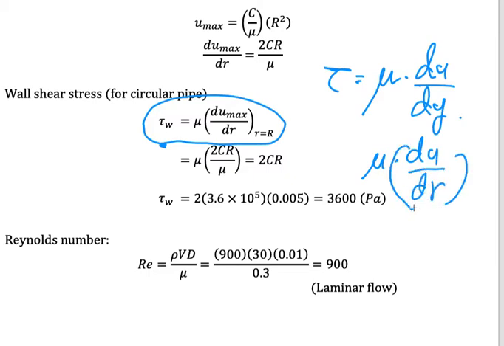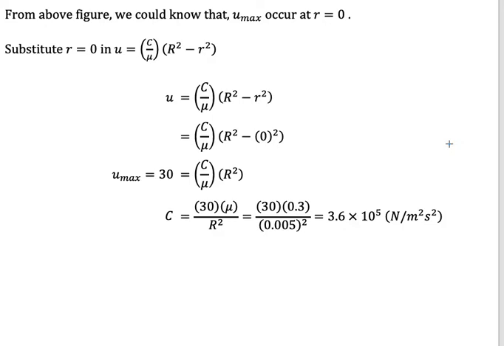The simple idea is we first need to calculate the value of du dr. Let's say we have an equation that shows the velocity profile: u equals c over mu times (R square minus r square). Then we have a condition, which is that u maximum occurs at r equal to 0.